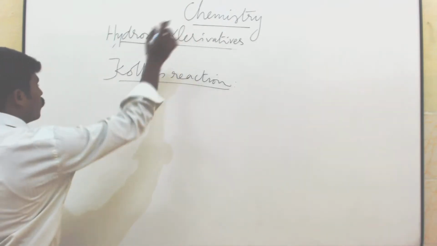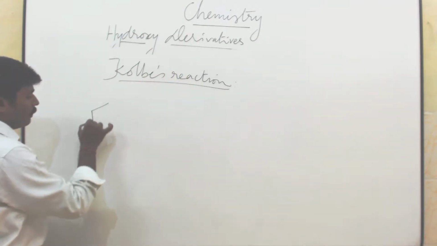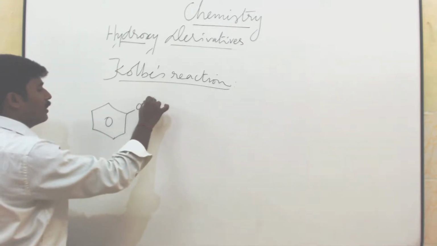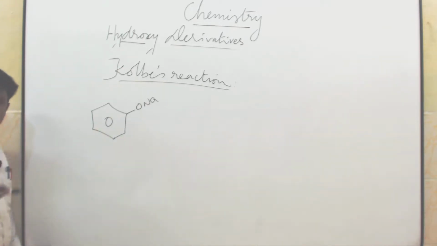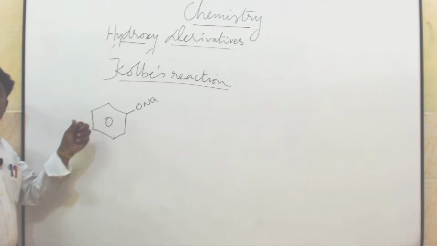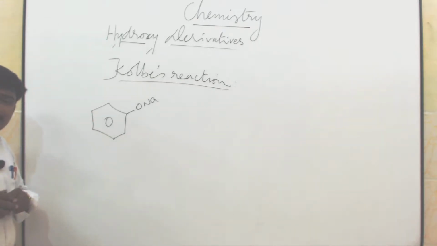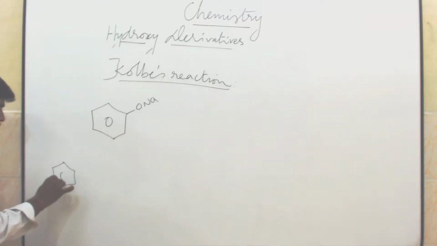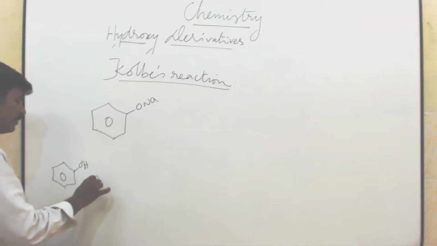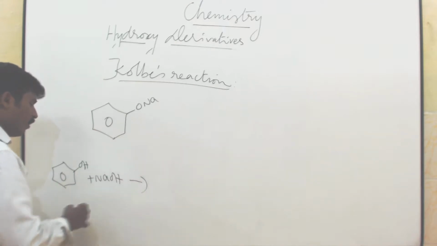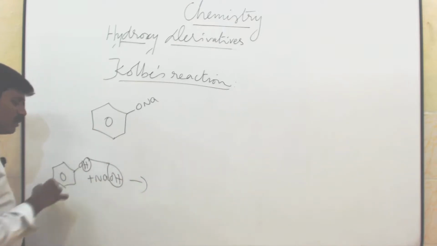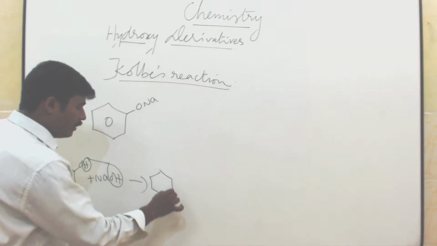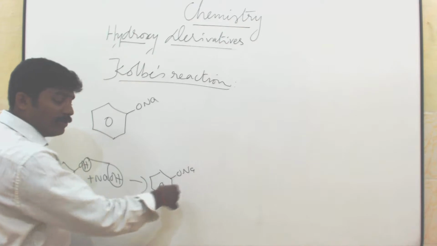So what is Kolbe reaction? In a benzene ring, ONa, sodium phenoxide, is the initial reactant. But do you know how sodium phenoxide is prepared? Phenol reacts with sodium hydroxide. Phenol means this; it reacts with sodium hydroxide, and this OH is removed as water. What remains is the benzene ring with ONa, nothing but sodium phenoxide.